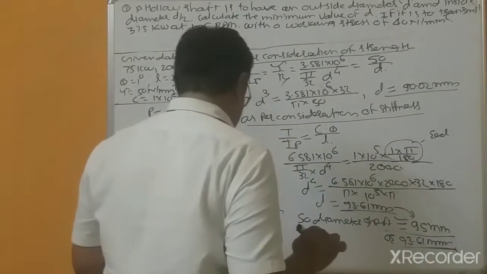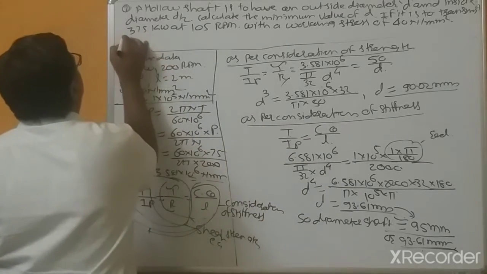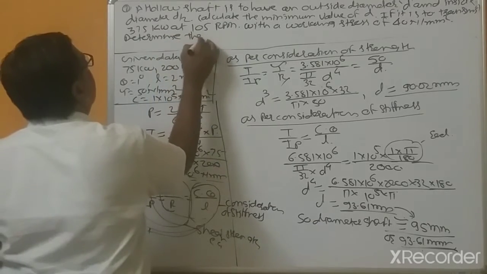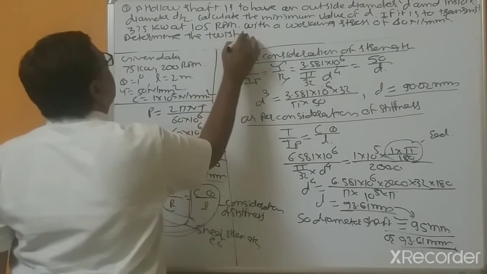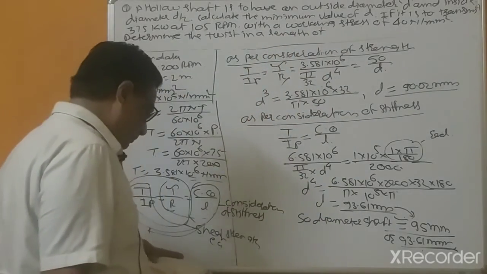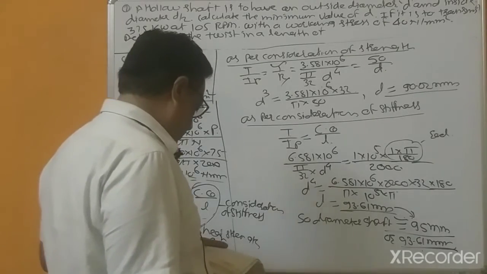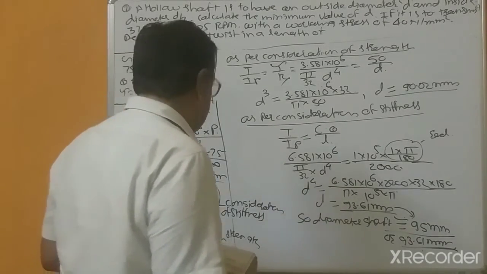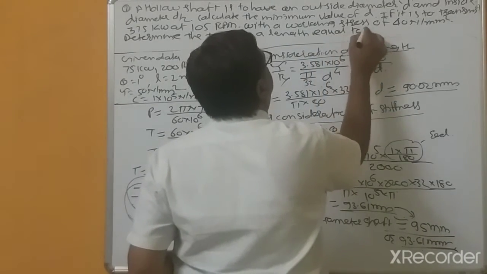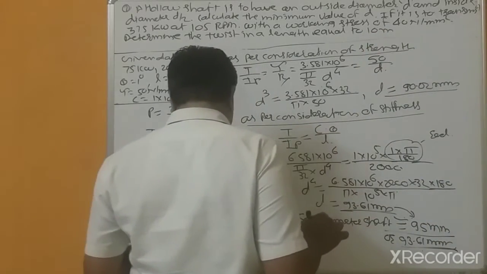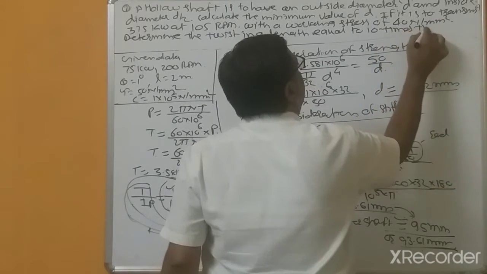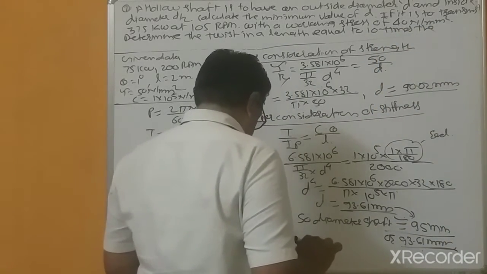Determine the twist in a length equal to 10 times the external diameter.